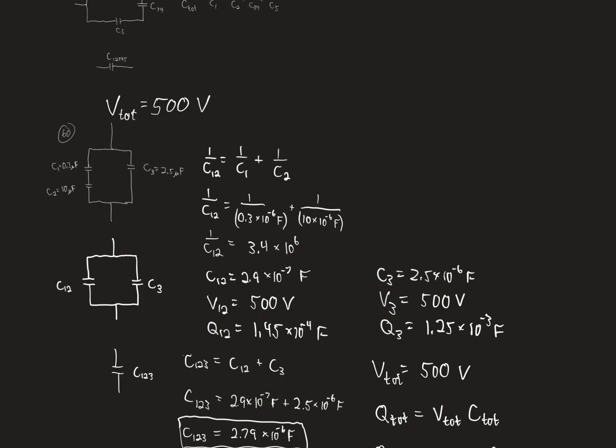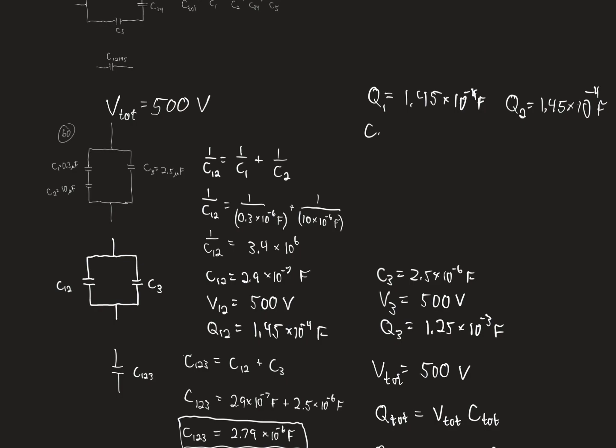Okay, so Q1 is going to be 1.45 times 10 to the negative 4. And Q2 is 1.45 times 10 to the negative 4.